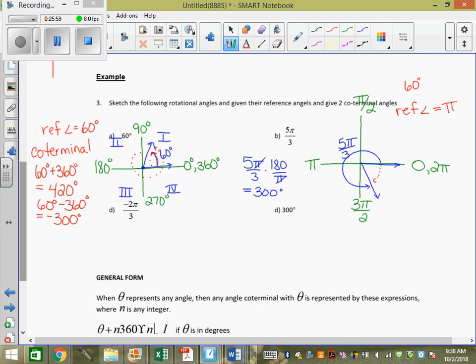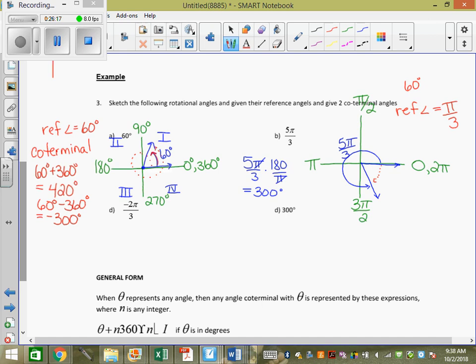Pi over 3. 60s, 30s, and 45s are easy. 45 is pi over 4, because it starts with 4. And then 60s and 30s are the actual opposite. So 60 degrees is pi over 3, and 30 degrees is pi over 6. They're just over different numbers.